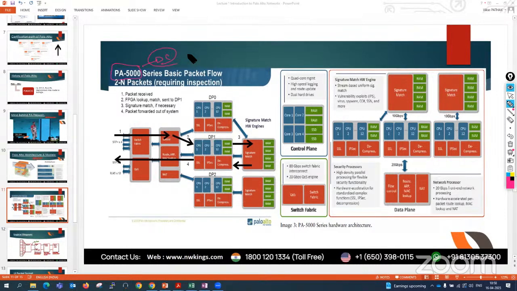The flow will be there like this. But the number of data planes differs. Here we have 3 data planes. In a smaller model, you will have only 1 data plane, so the hardware will be for only 1 data plane. If you go for PA 220 or PA 800, there will be no dedicated hardware. Everything will be done by software only.